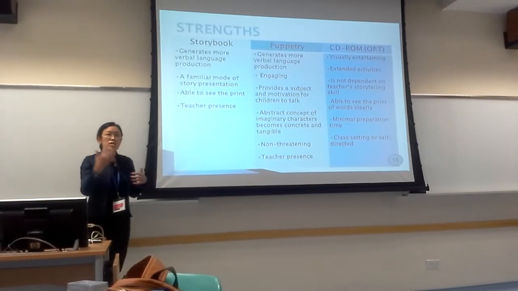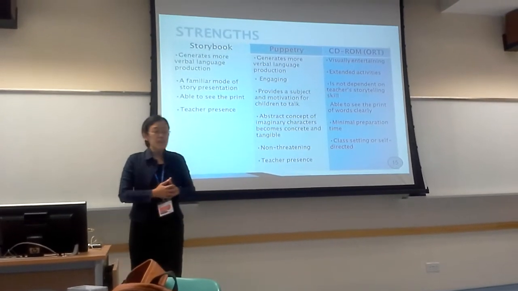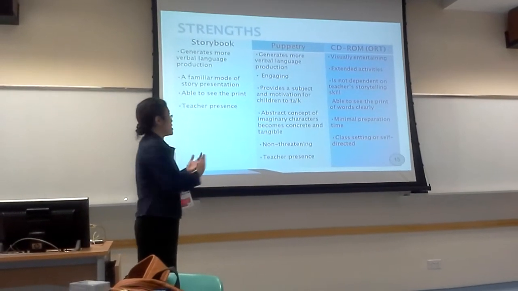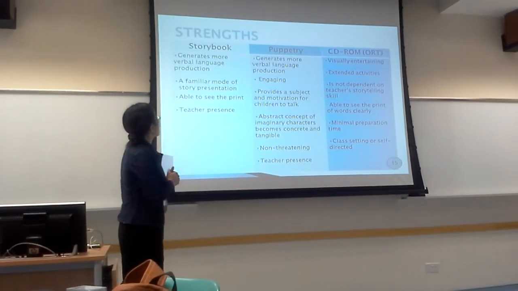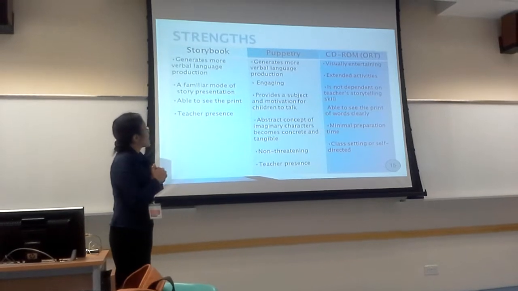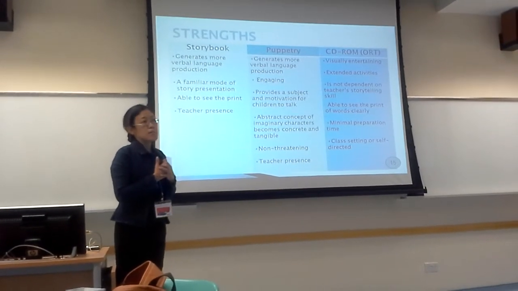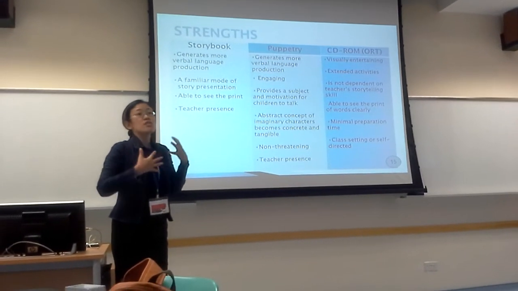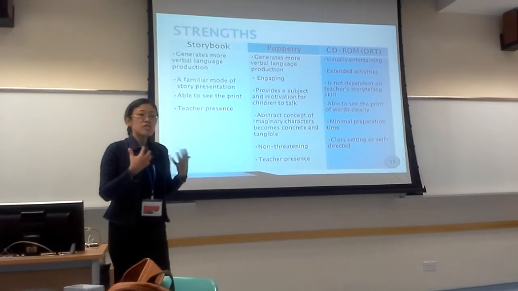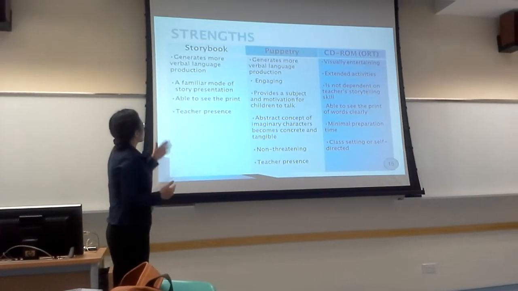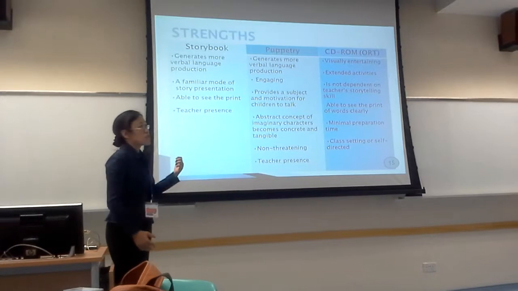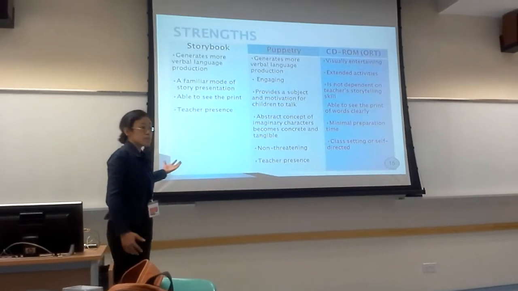Okay, I'm just going to do a quick run through the strengths and weaknesses of each medium. For storybooks and puppetry, they tend to generate more verbal language production. Children want to talk, want to interact. And of course, storybook is a familiar mode of story presentation, and they are able to see the print.